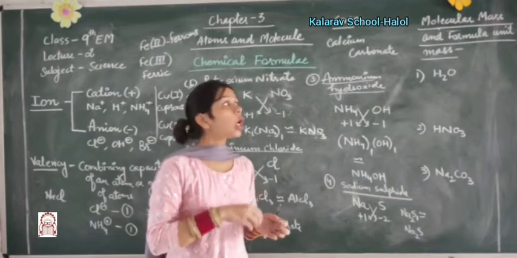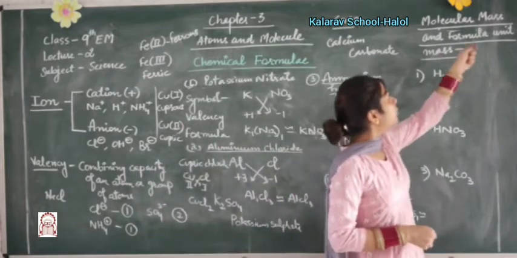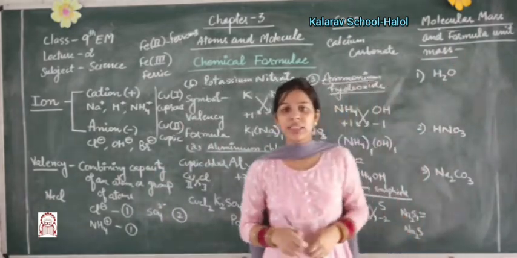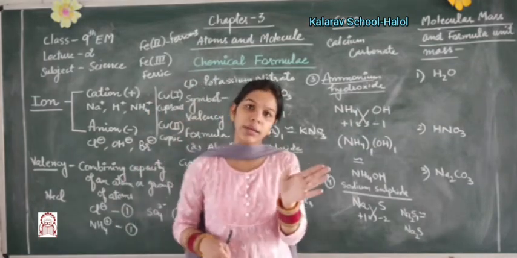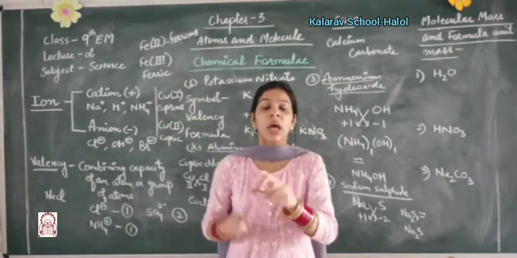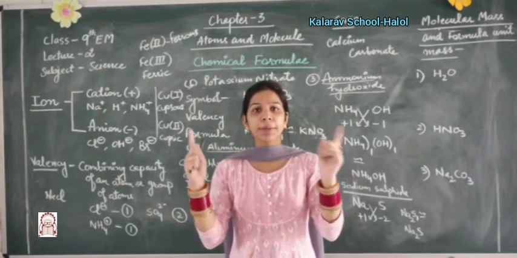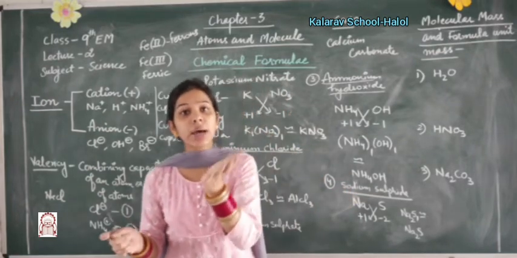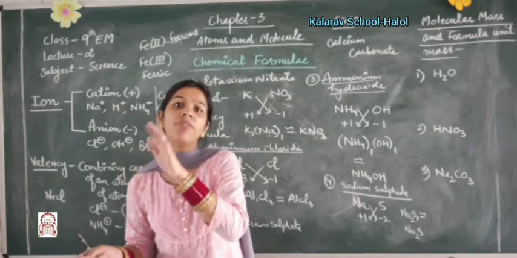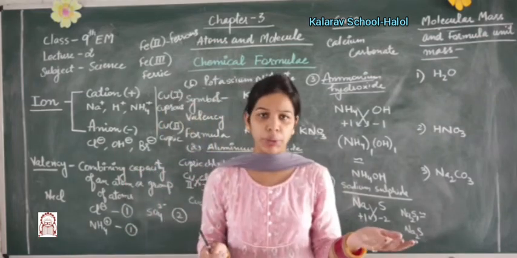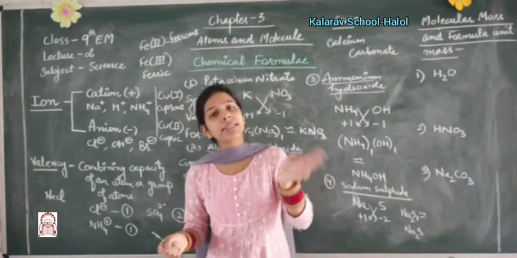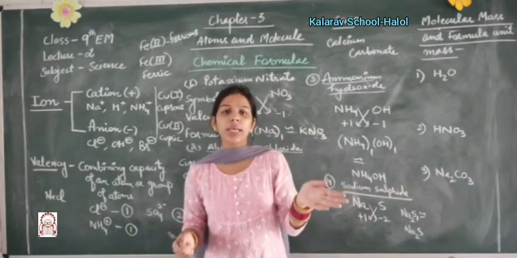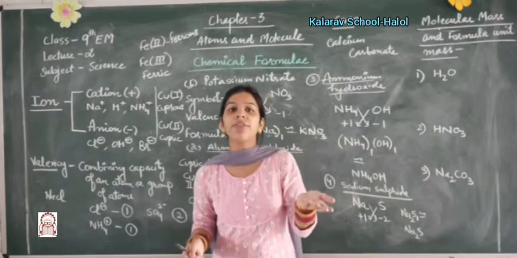So our next topic is molecular mass and formula unit mass. So what is molecular mass? As the name indicates, mass, a molecule contains different types of atoms. So it is the sum total of the masses of different atoms in the molecule. It is called molecular mass. And the formula unit mass is just like the molecular mass, but with a different definition.